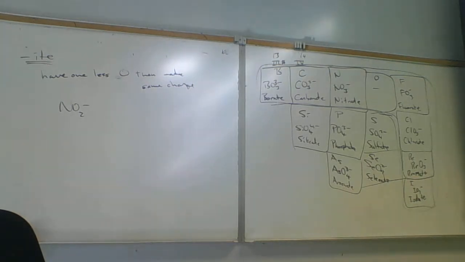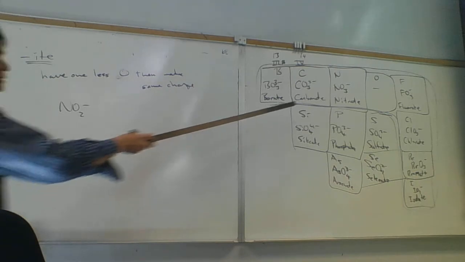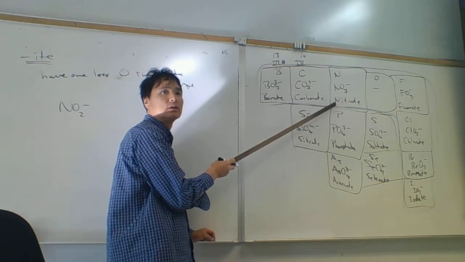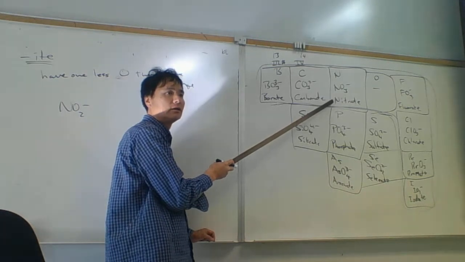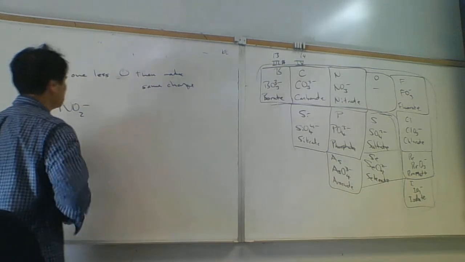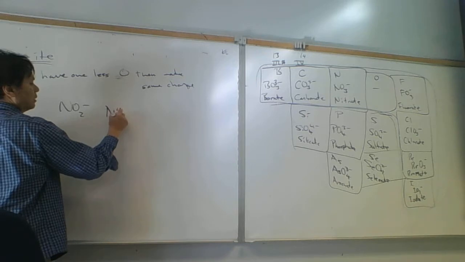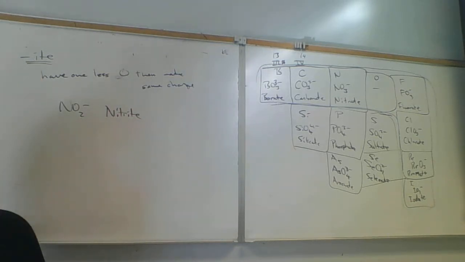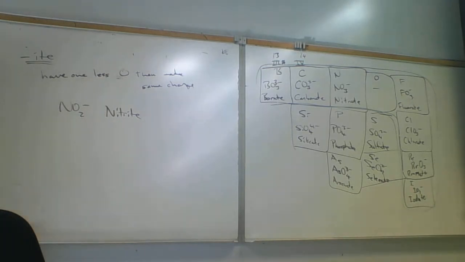NO2 minus looks like nitrate, but it has one less oxygen, same charge. And so we don't call it nitrate, we call it nitrite. So I don't have to memorize nitrite. If I have nitrate memorized, or if I know what nitrate is, or if I can figure it out, then I can figure out what nitrite is.